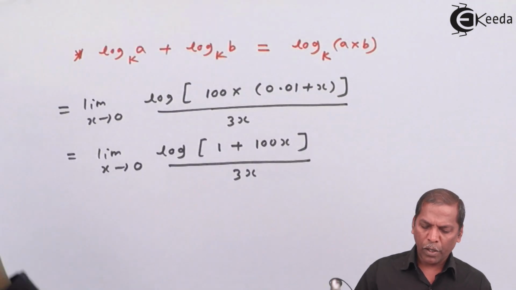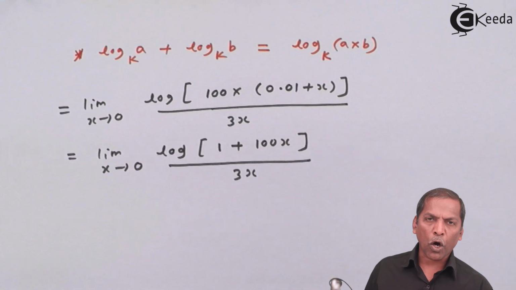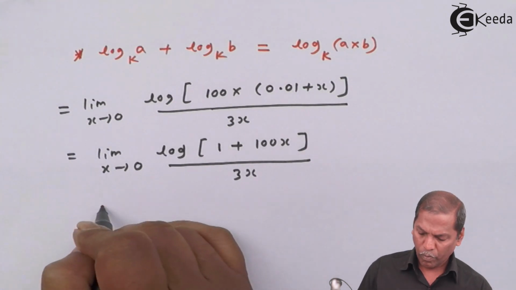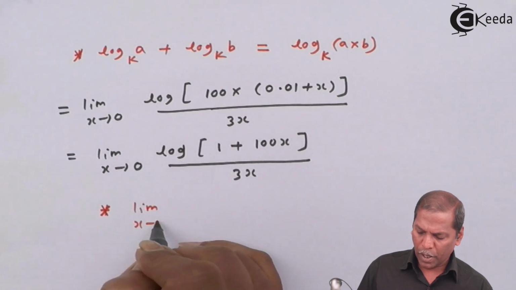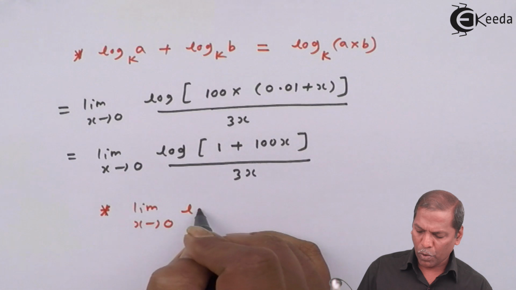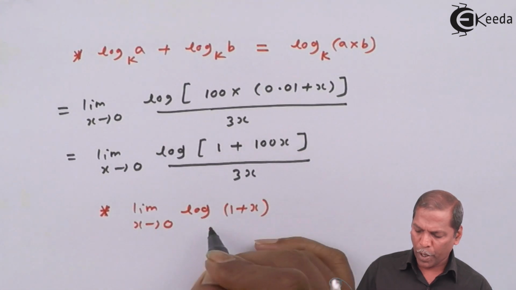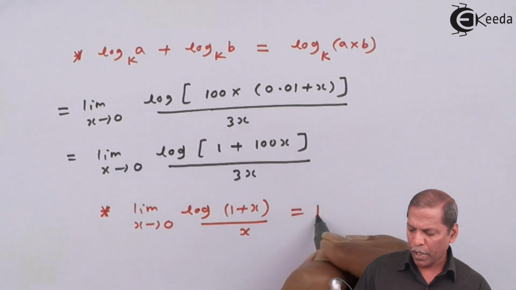Now again here we have to use the limits of logarithmic function formula. So that can be written as limit x tends to 0 log in bracket 1 plus x upon x, then we get 1.